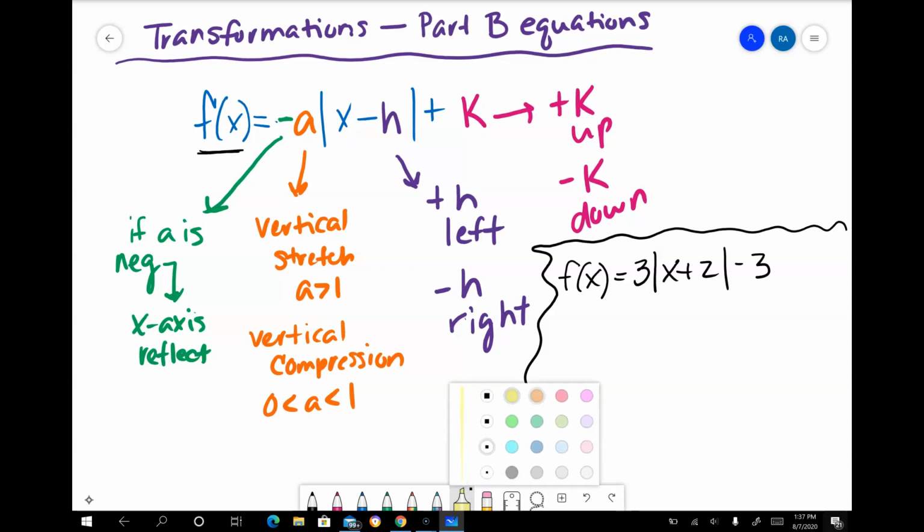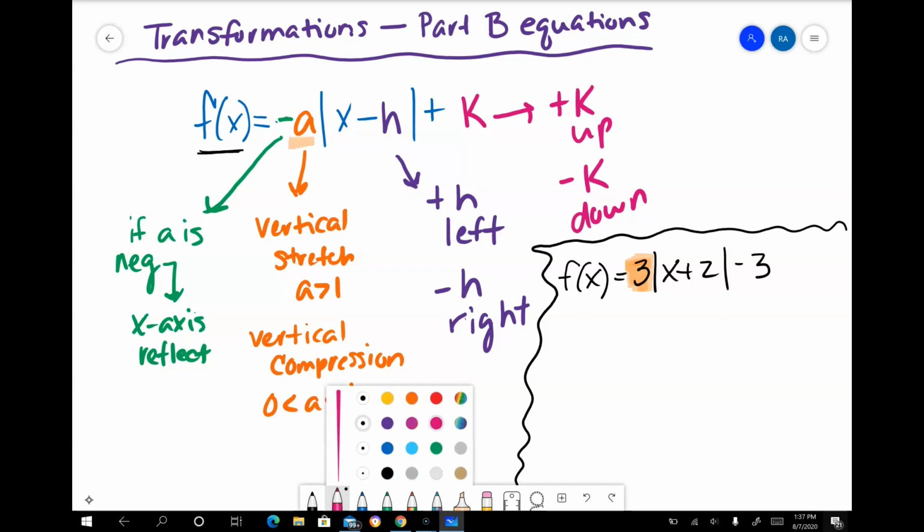So our first one that we notice is the 3. That is a transformation. If you look, that 3 is my a. So when you look at your a value, you have to see, is the 3 greater than 1 or is it less than 1?